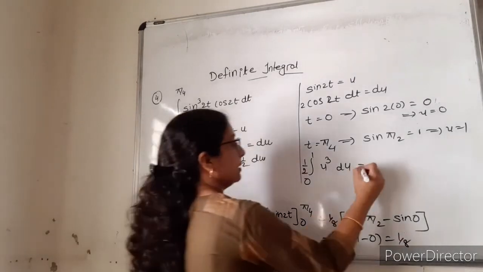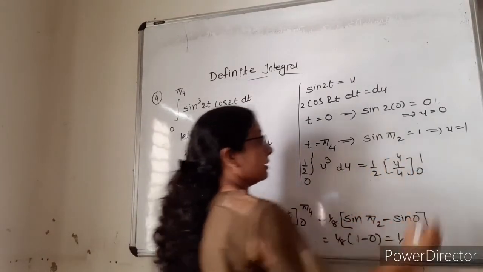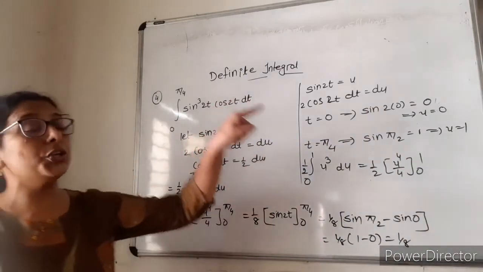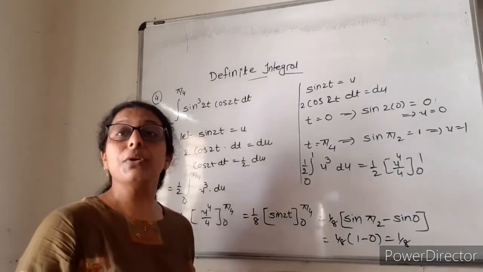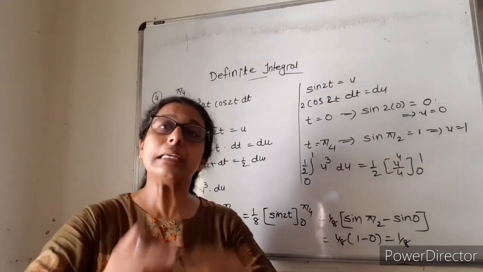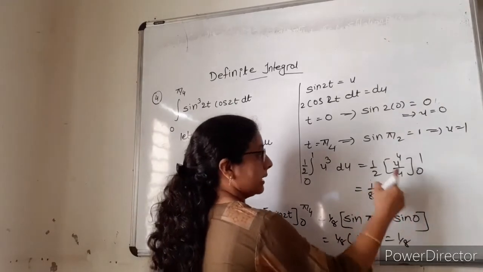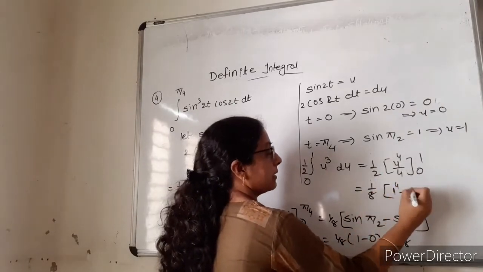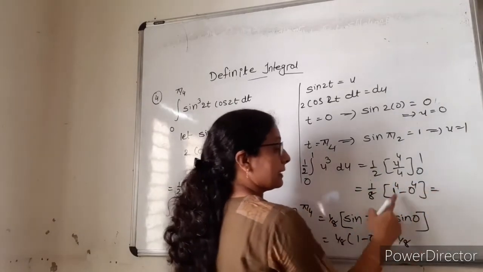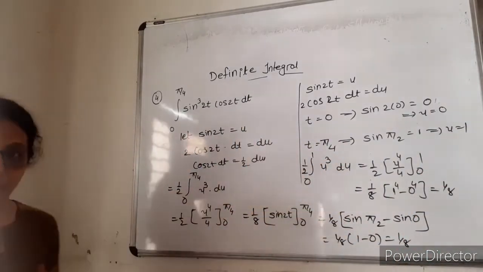Now the integration of u raised to 4 by 4, with the limit changed according to u. So there is no need to substitute again in the cos and sine; the sum is done in u. That means 1 by 8, 1 raised to 4 minus 0 raised to 4. This is 1 only. So you will get the same answer as the first method.